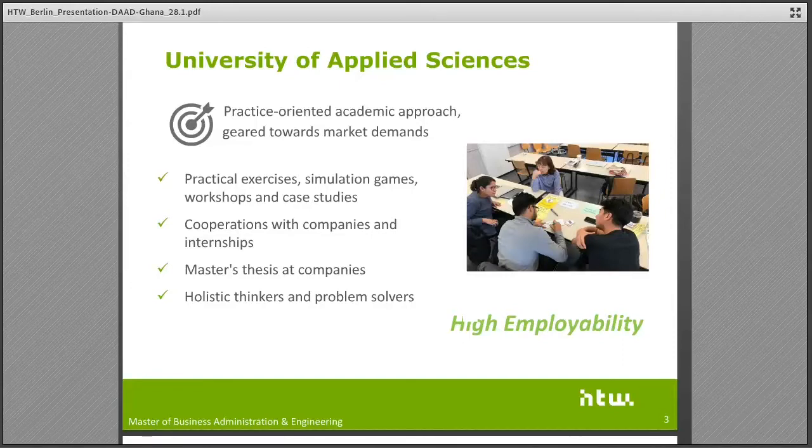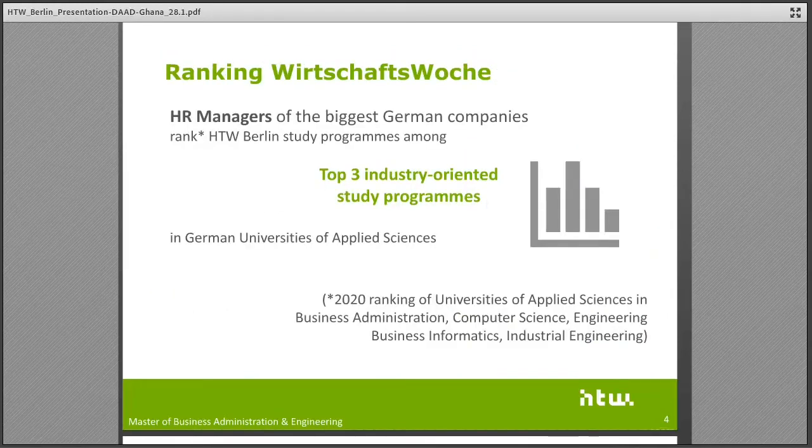We try to really teach and train holistic thinkers and problem solvers. So the main difference is that traditional universities mainly teach theoretical knowledge and emphasize research, whereas universities of applied sciences have a more practice-oriented approach geared toward job market demands. All this is reflected in high employability. High employability means that after studying at HTW Berlin, you will be well prepared for the job market and your job market perspectives are quite high.